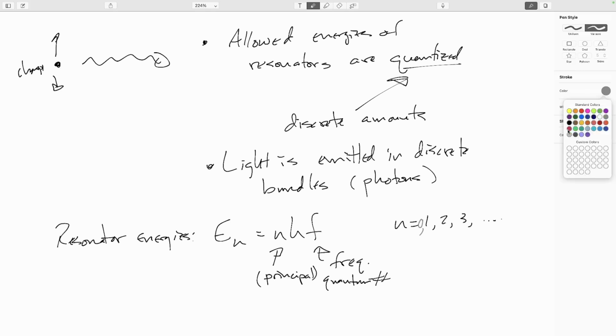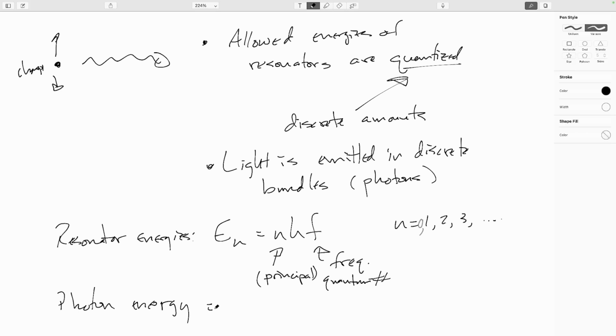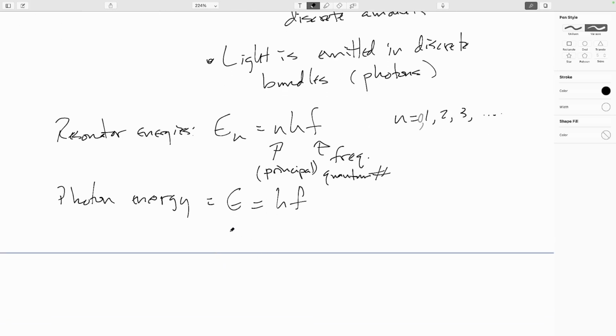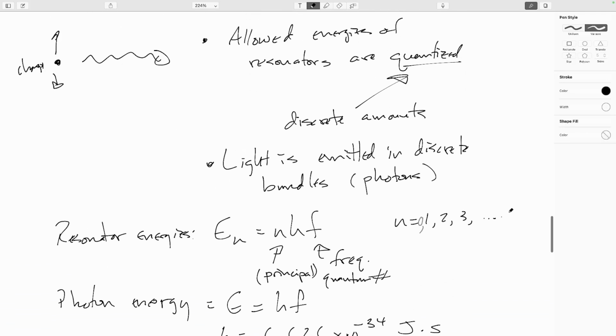And as we've already introduced, the energy of our photon is hf, where f is the frequency of the light associated with the photon, and h is Planck's constant, 6.626 times 10 to the negative 34 joule seconds.